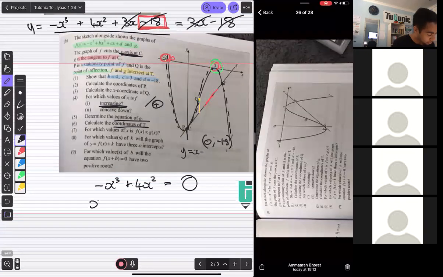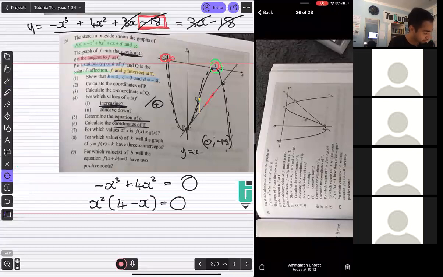We can take out x squared as a common factor, and we will get 4 minus x. I'm rearranging the terms just so it looks nice, because this is 4x squared minus x cubed. Okay, guys, you see that?